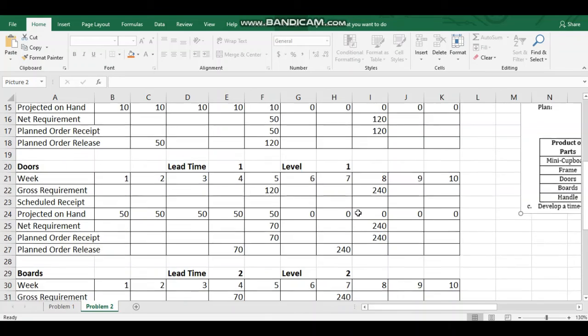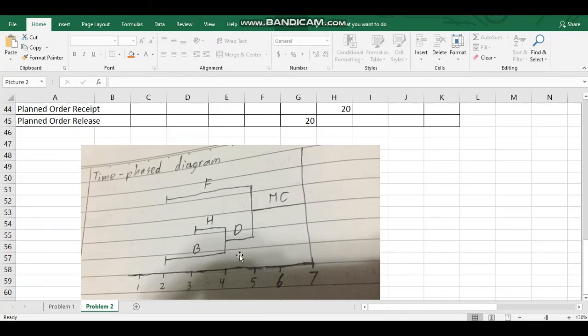So you have to pull back the line from week 4 until week 2 for boards, and then for the handle you have to pull until week 3, since the lead time for handle is 1 week and the lead time for boards is 2 weeks.